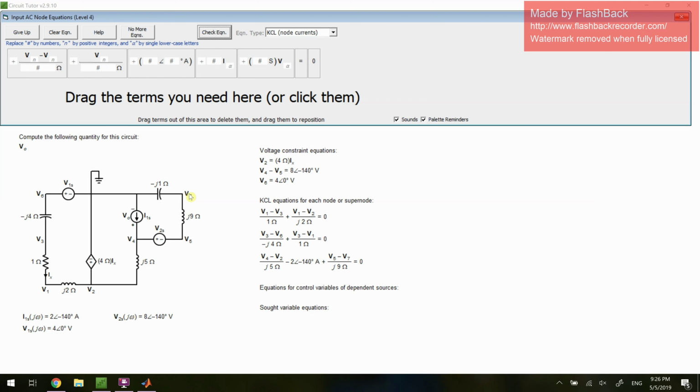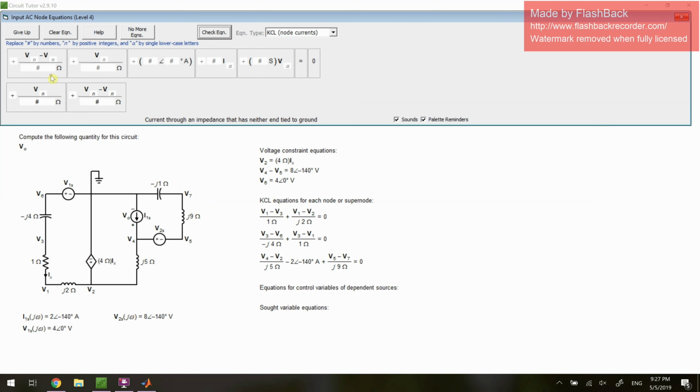So we move on to node 7. And this is two impedances. The first has the ground on the opposite side, so we only need one voltage variable on the numerator. The second one, again, has V5 on the other side, so that can be the difference of voltage term.